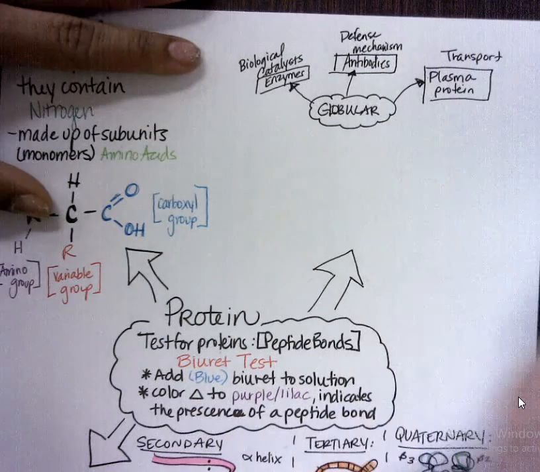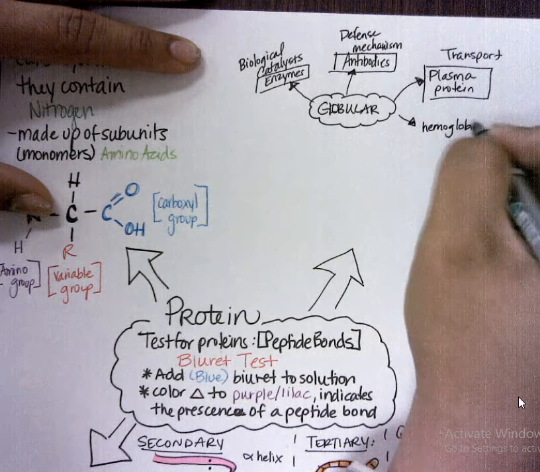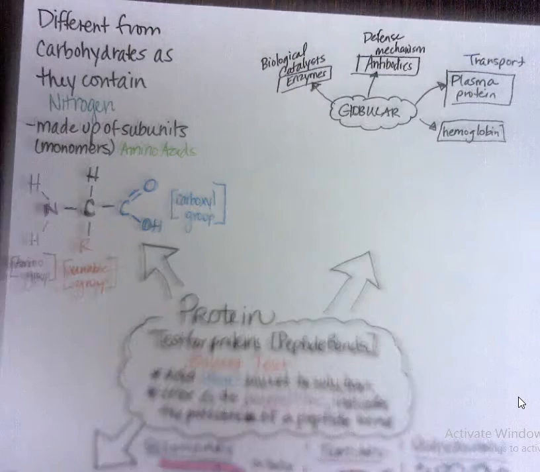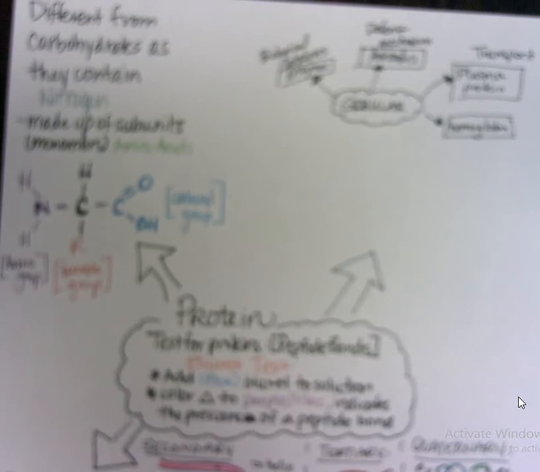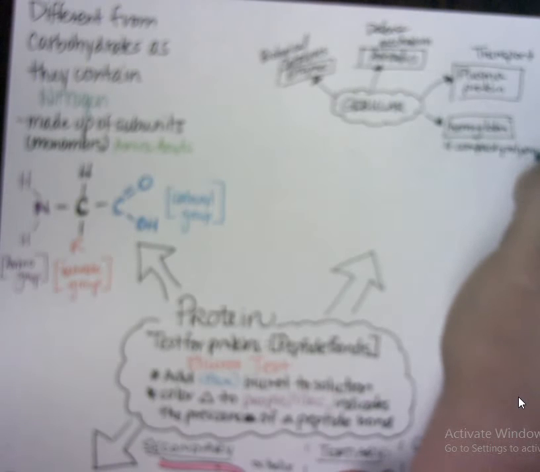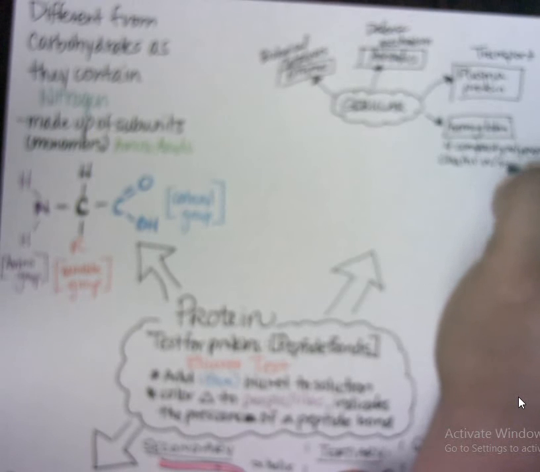Okay, we can also see them as hemoglobin. And what hemoglobin does for you, it's actually 4 compact polypeptide chains with iron containing heme, which we call iron, heme, at the center.